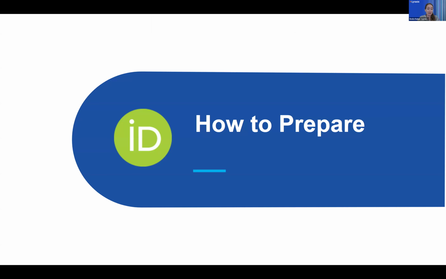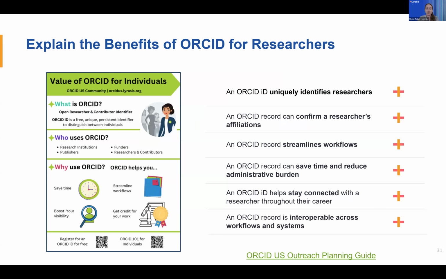Aside from that, I'll take us through our top recommendations for how to prepare and help your researchers prepare for these policies and use their ORCID ID to their advantage during these federal funding workflows, but also in general. Helping researchers understand what ORCID is and how it can benefit them is one of the very first steps you can take if you work with researchers.